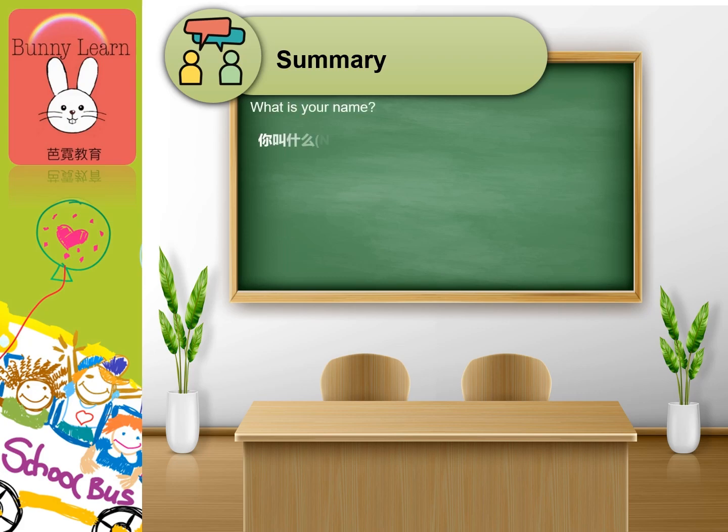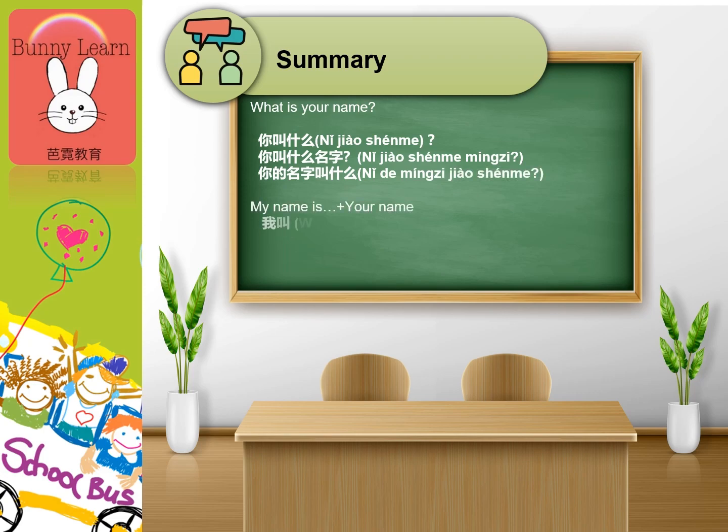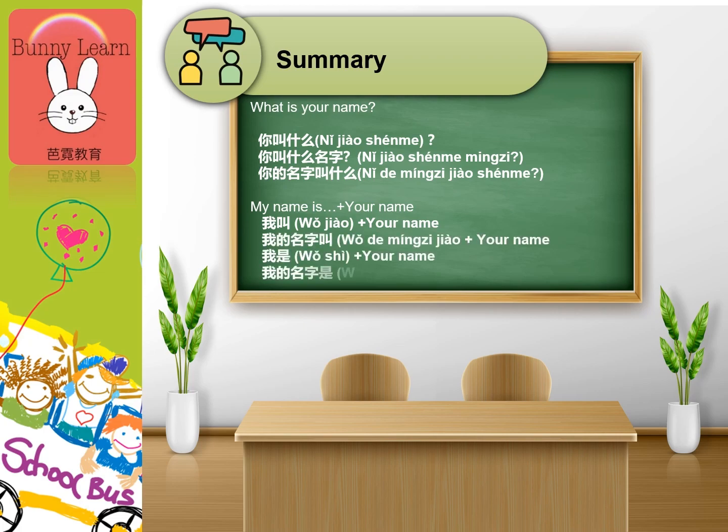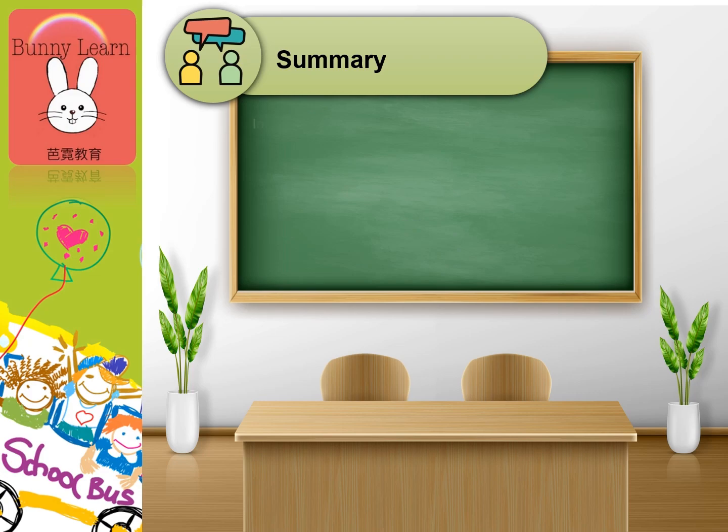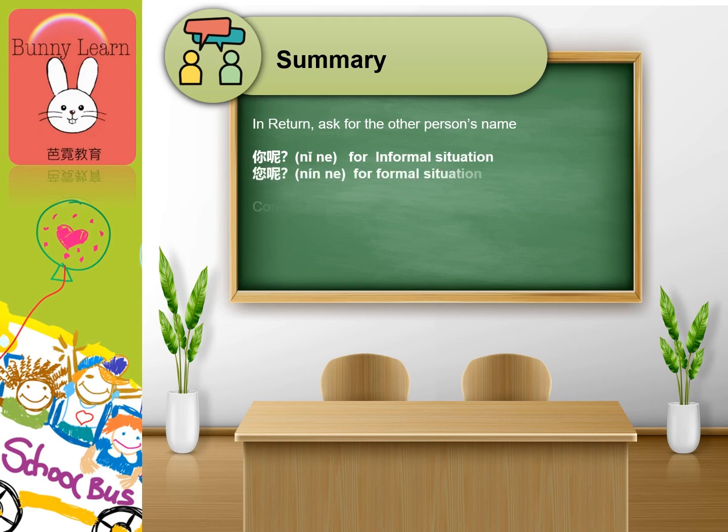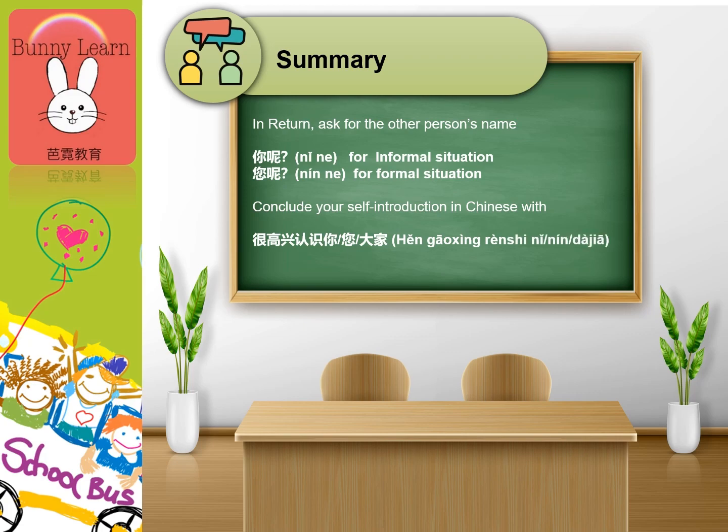What is your name? 你叫什么？你叫什么名字？你的名字叫什么？ My name is. 我叫。我的名字叫。我是。我的名字是。 In return, ask for the other person's name. 你呢？ For informal situation. 您呢？ For formal situation.